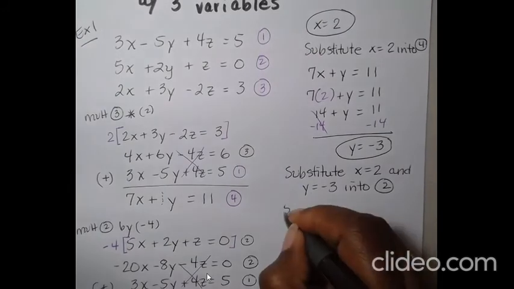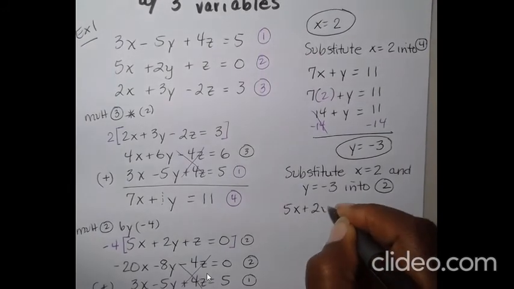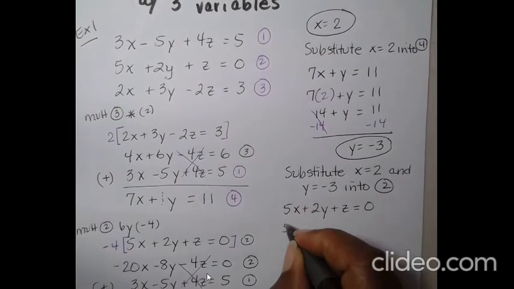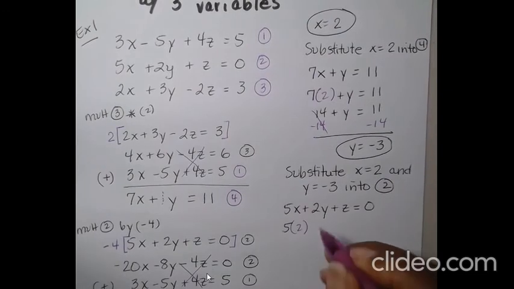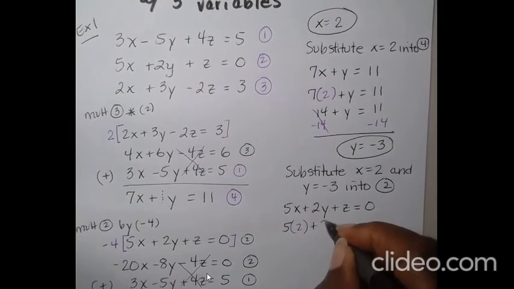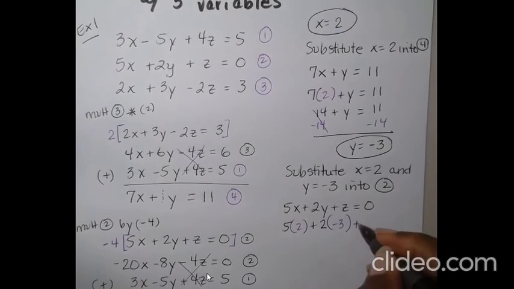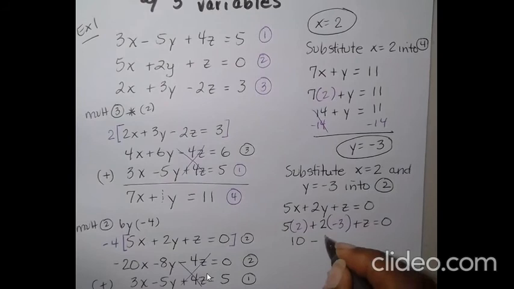Okay, so we have 5x plus 2y plus z equals 0. 5 times the 2, we found that value, plus 2 times negative 3 plus z equals 0. 10 minus 6 plus z equals 0. Now we have 4 plus z equals 0.